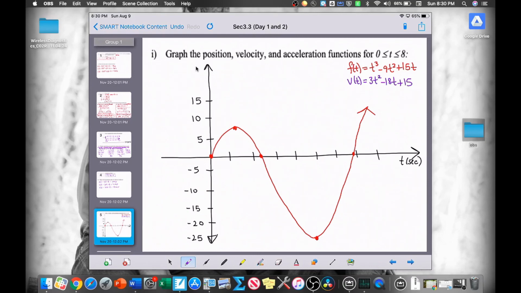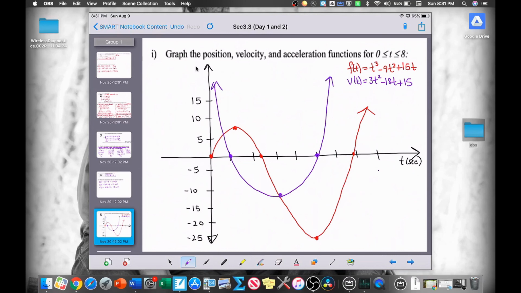We already solved for the x-intercepts of that one because we wanted to know when velocity was 0. So it's got x-intercepts at 1 and at 5, and it has its local minimum at about 3, negative 12 or so. So like right there. And so our velocity looks like this.